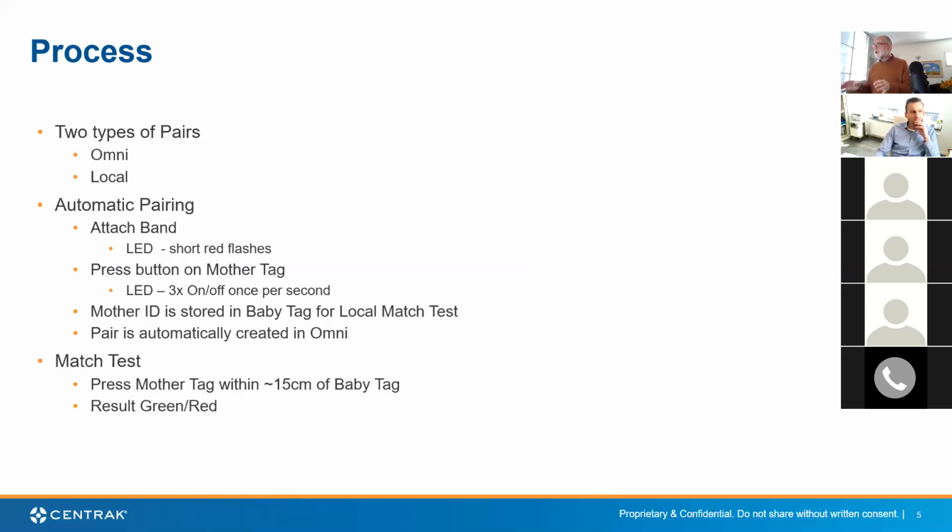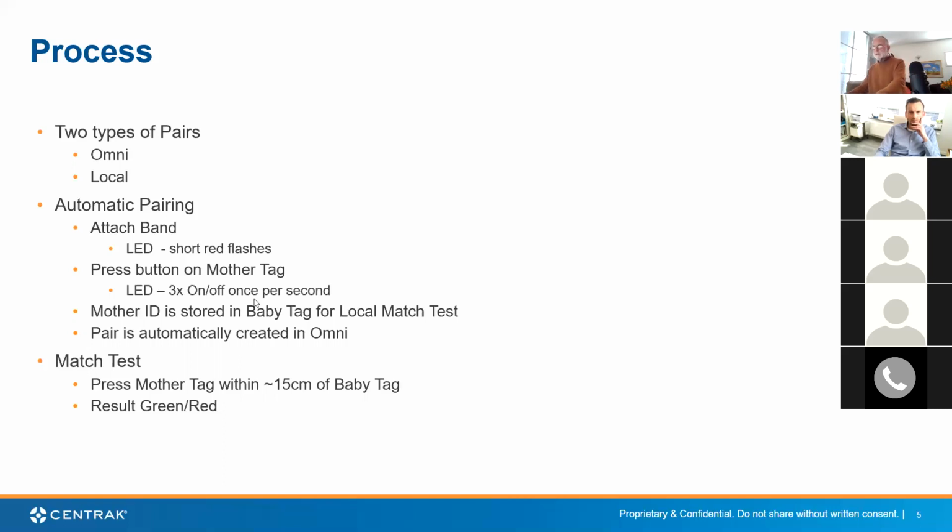We've got the pairing on the tag and the pairing in Omni, and they're linked, but they are independent. We have to keep that in mind when we understand how matching works in Omni. This automatic pairing thing we're going to go through now. I'll demonstrate it for you, and I think that'll be the best way to understand.